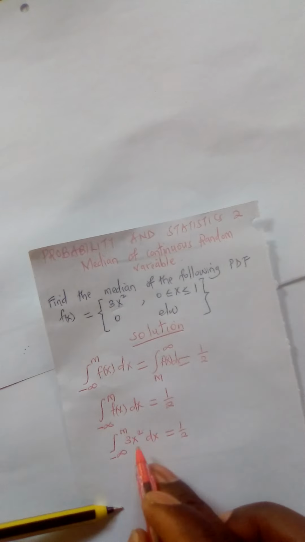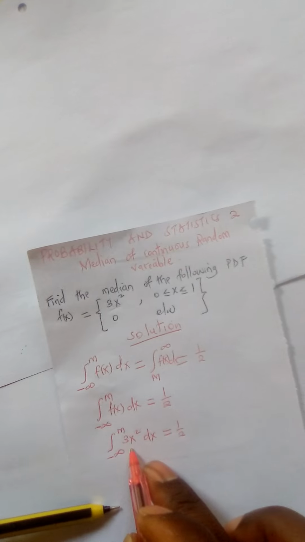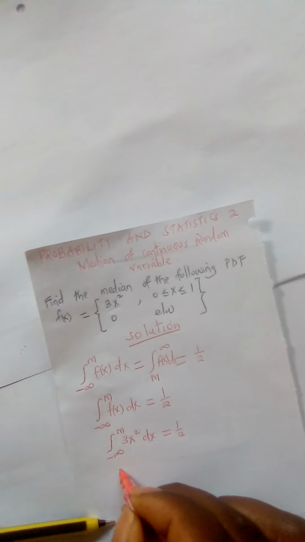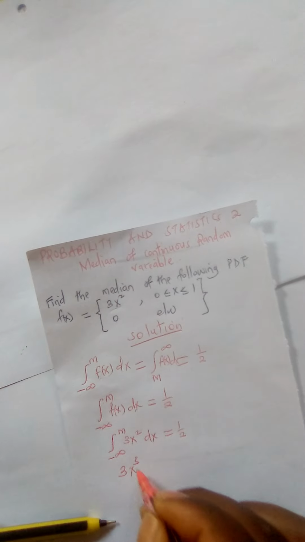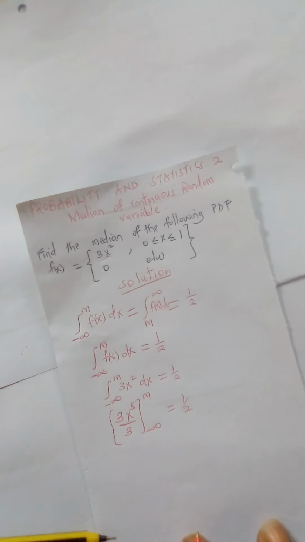So when you take 2 plus 1, which is 3, you will have 3x cubed, then you divide by the new power, which is 3, and therefore you will end up having something like 3x cubed over 3. But remember to write the limits. The upper limit was m, while the lower limit was negative infinity. The whole is giving us a half. So that is that.